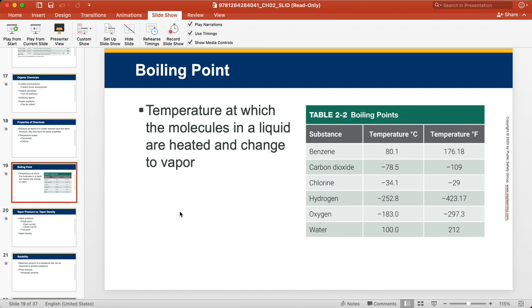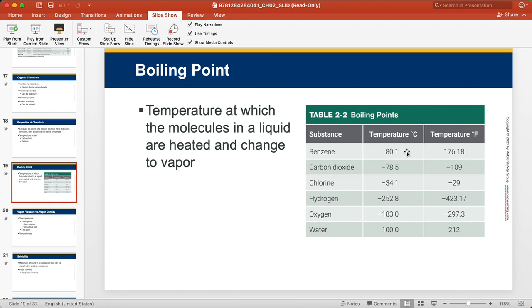So here's some of the temperatures and the boiling points. So think about this in a boiling point. A lot of products actually out there will boil at very, very cold temperatures. So carbon dioxide, which is how we make dry ice, right? It has a boiling point of 109 degrees below 0 Fahrenheit.